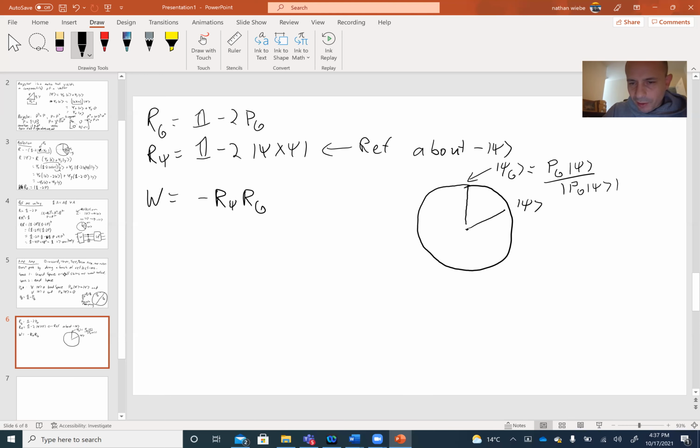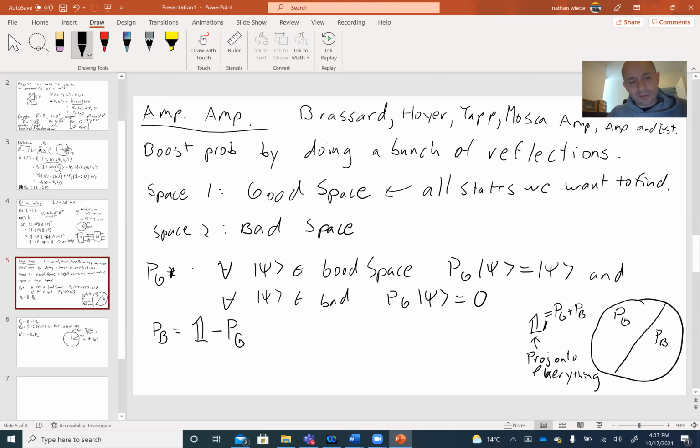And similarly, this is going to be the not so good state, which I'm going to call psi bad over here. Okay. Now, in general, the probability of psi being in psi g plus psi b has to add up to 1, because these two spaces will span everything.